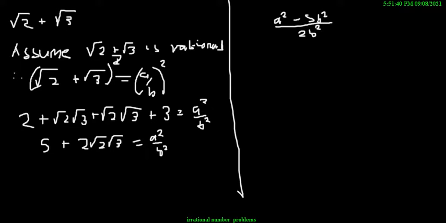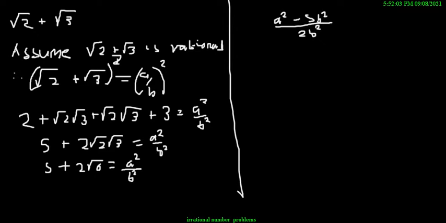Now we can simplify this to get 5 plus 2 square root 6, equal to a squared over b squared. To make our work easier, I can do that over.